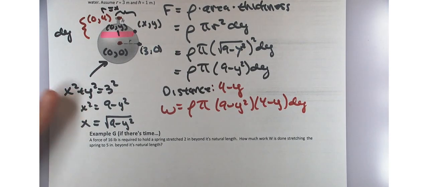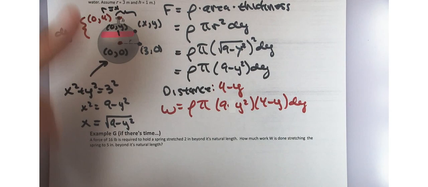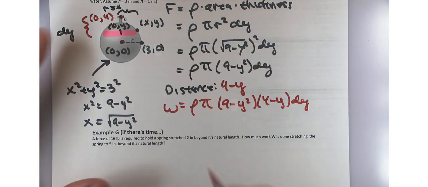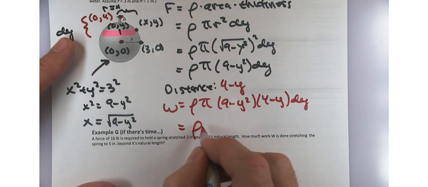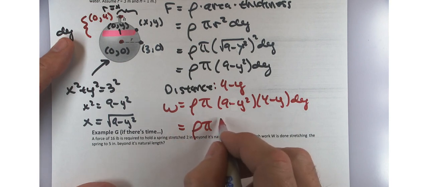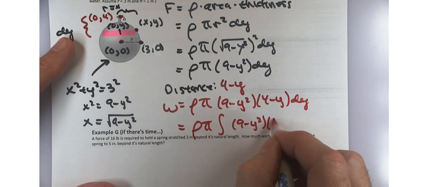That's the work done in moving one slice. That's going to be rho times pi, so the integral is going to be the integral from something to something of 9 minus y squared times 4 minus y dy.